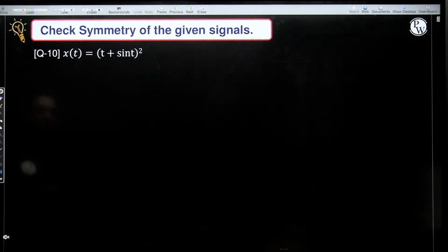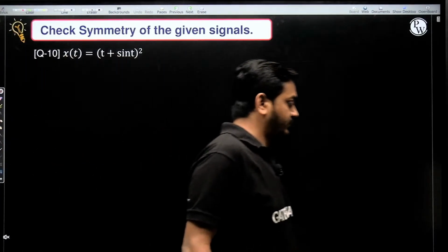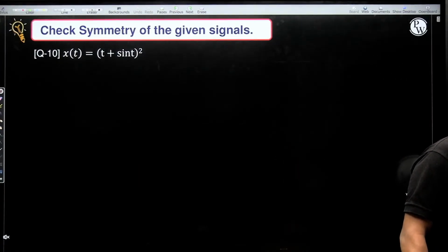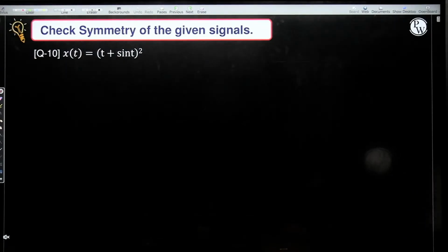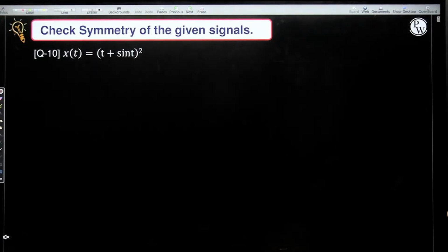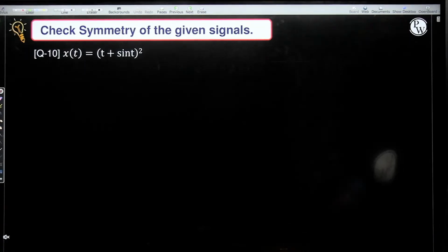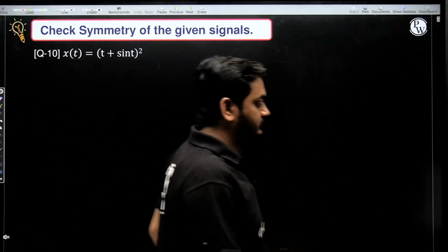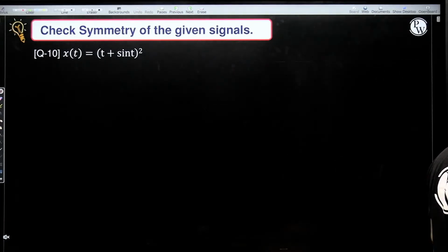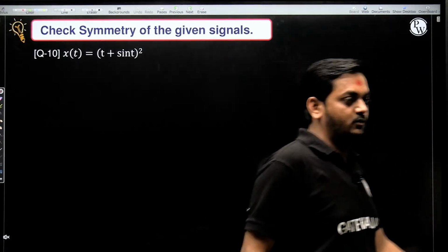Question number 10: x of t equal to t plus sin t whole square. Tell me, is this odd, even or neither?